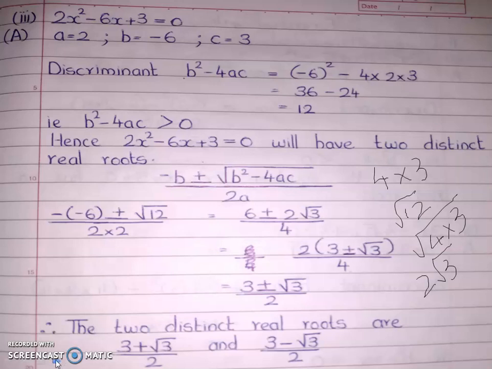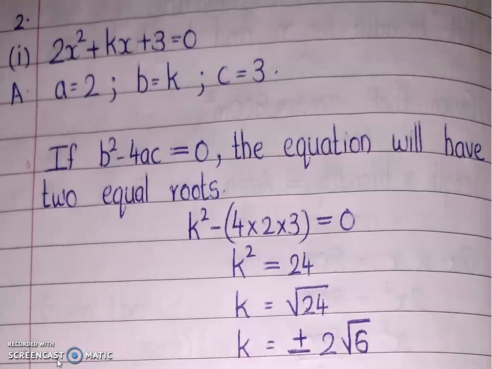Next question. The question is, find the values of k for each of the following quadratic equations so that they have two equal roots. They have two equal roots. That means b square minus 4ac should be 0.